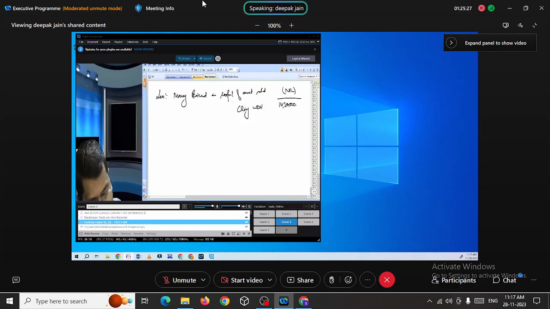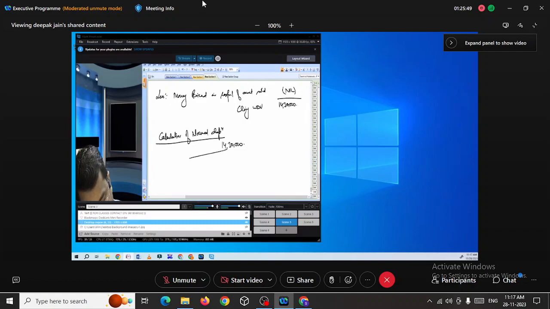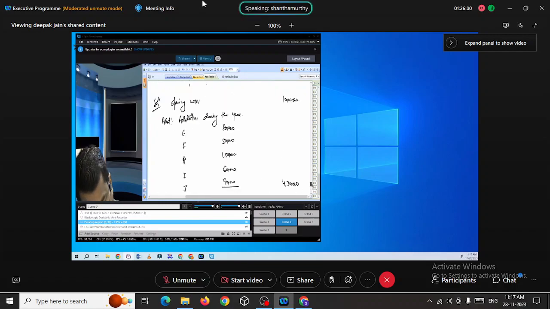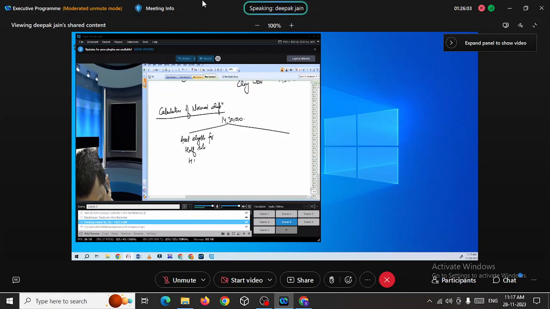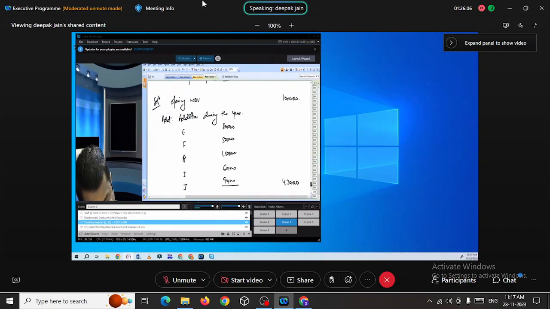So first we have to calculate normal depreciation. Closing WDV is 14,30,000. Assets eligible for half rate: 3 lakh, the assets being H, I, J, amounting rupee 3 lakh.